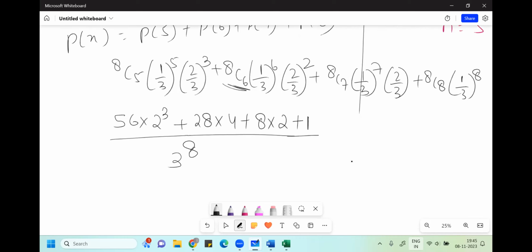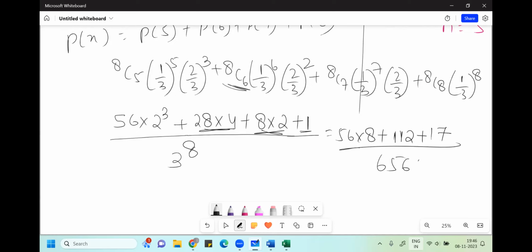So your probability would be 56 into 2 plus 28 into 4, 112, plus 16 plus 1, 17, by 3 to the power 8. If I'm not wrong, it is 6561, 9 to the power 4. So 56 into 8, you do this, it is 448.